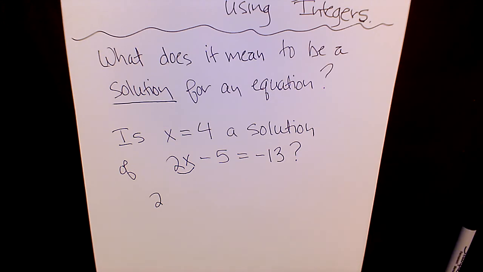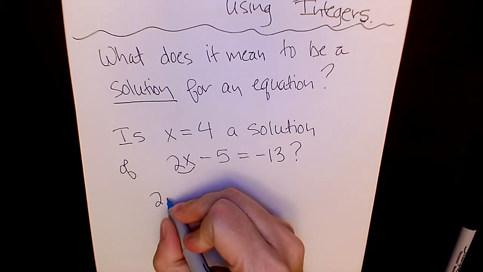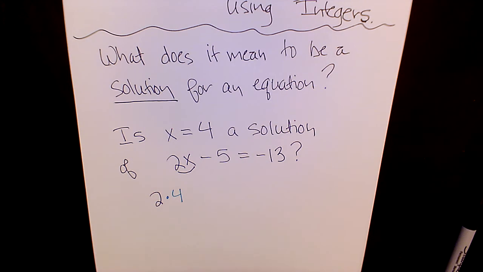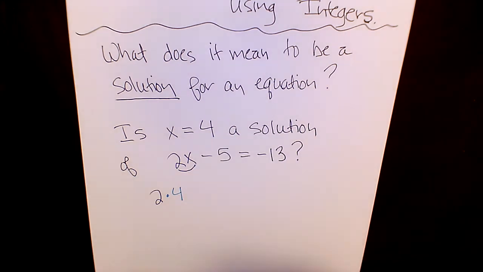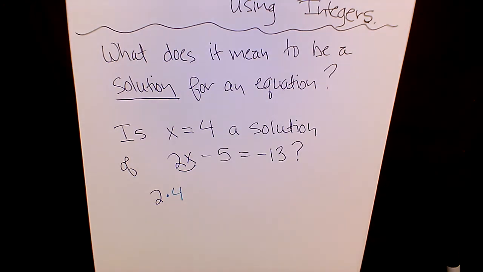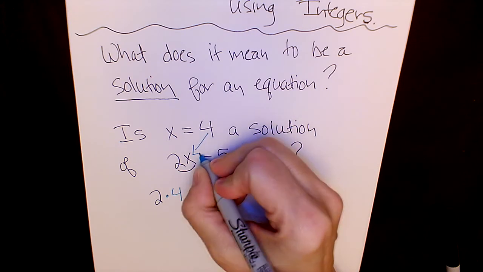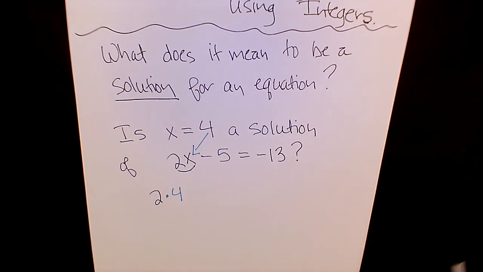So I'm going to take 2 times 4. I'm just plugging in. I know x is 4, right? So I'm just plugging in 4 for x. I'm kind of like evaluating and seeing if it works out.